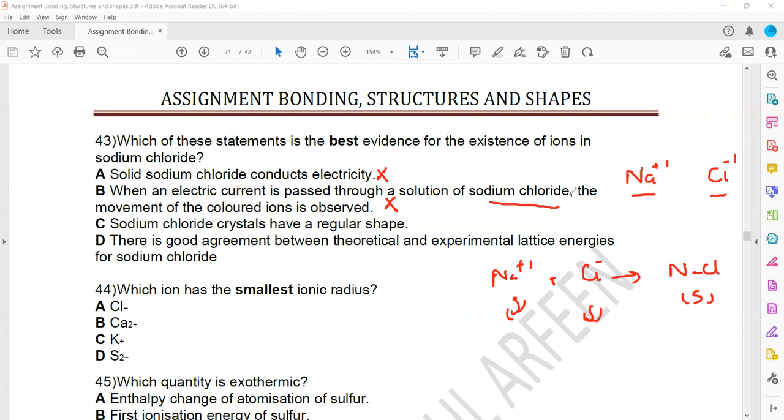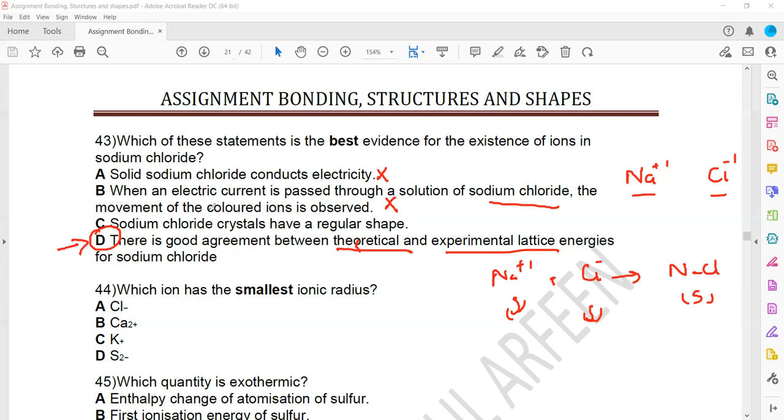When we calculate the lattice energy of sodium chloride, we find that the theoretical and experimental lattice energies are approximately the same. They're very close to each other. So this gives evidence that when we consider sodium chloride as an ionic compound and calculate its lattice energy, it matches the experimental lattice energy. That's why D is the right answer.